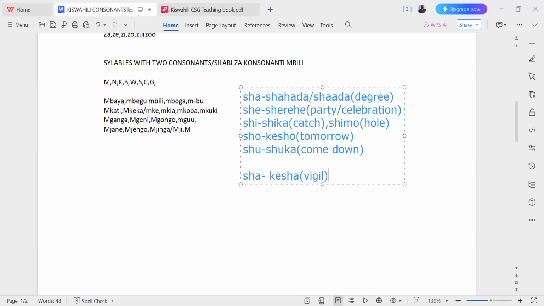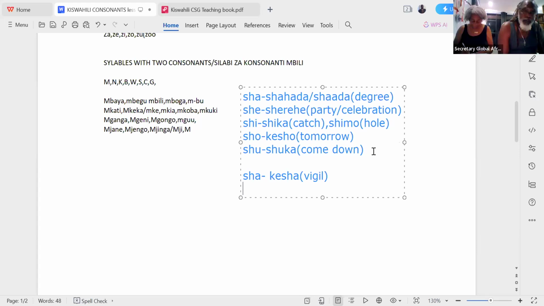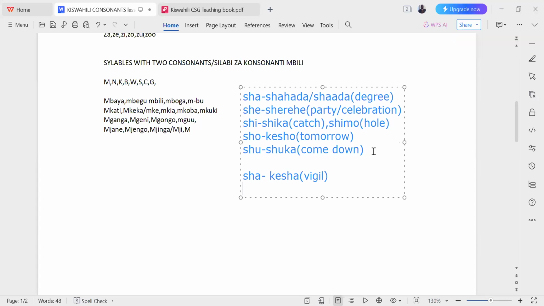For example, if you come over to my place and we didn't go to sleep, we just make stories until morning. So we have the word kukesha, which will mean we didn't sleep, we talked till morning. That's the word kesha coming in. It's more like no sleeping, just spending the night without sleeping.